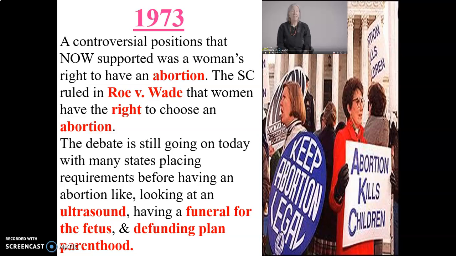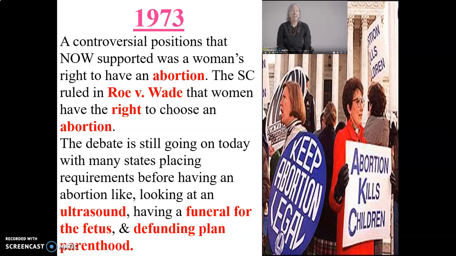For example, even though Roe versus Wade made it legal to have an abortion, a lot of conservative states were like, no, we don't want that to happen. So they put a lot of laws in place to make it harder for you to have an abortion. They're not stopping you from having an abortion because they can't do that under Roe versus Wade, but they can make it harder on you. For example, in states like Mississippi, you have to look at an ultrasound before you can have an abortion.